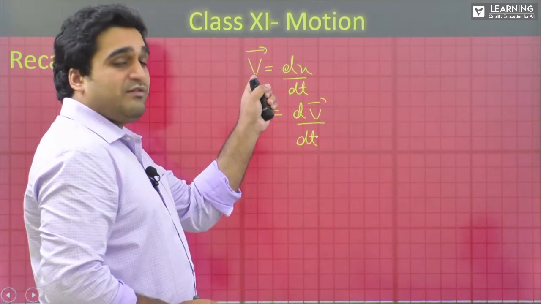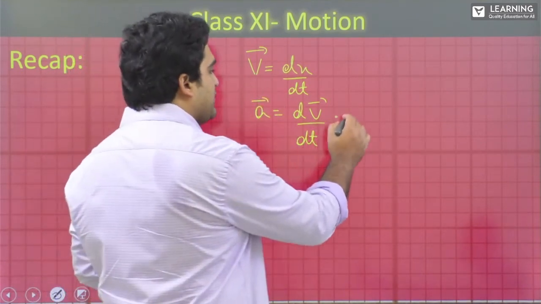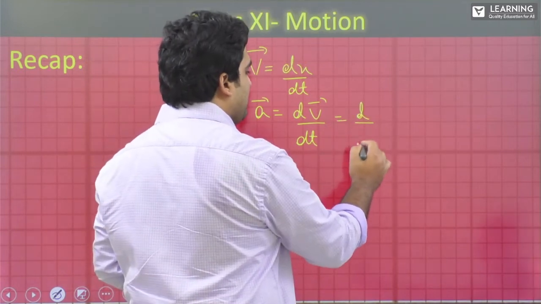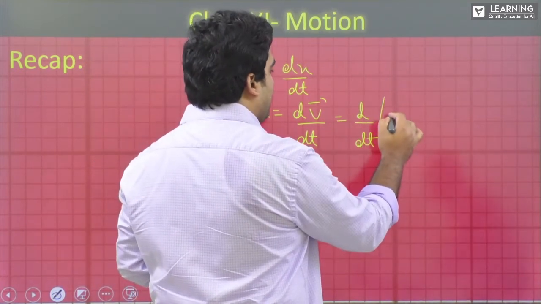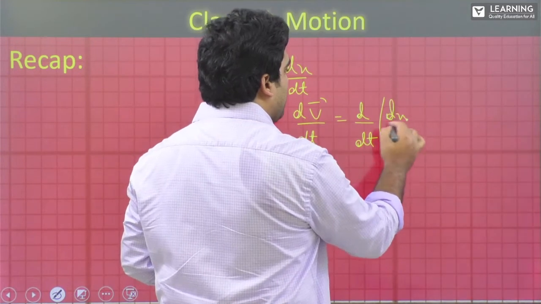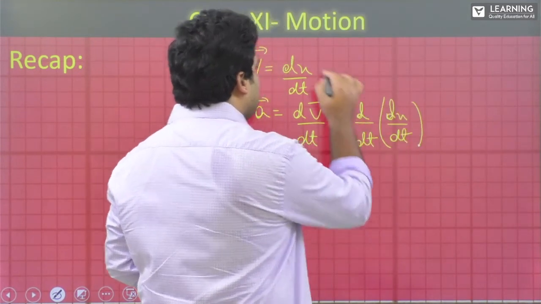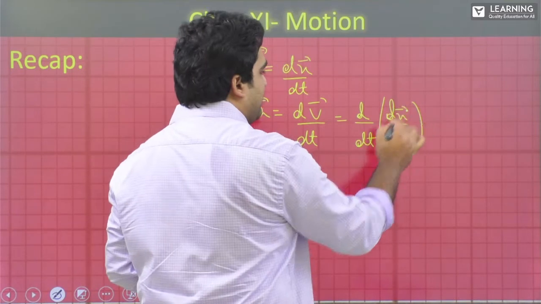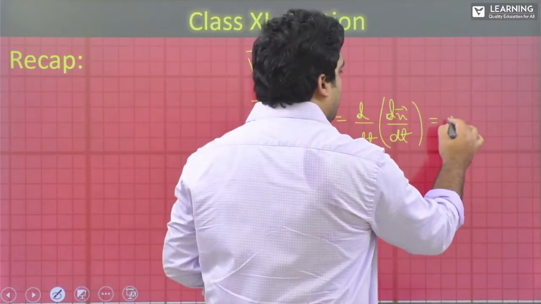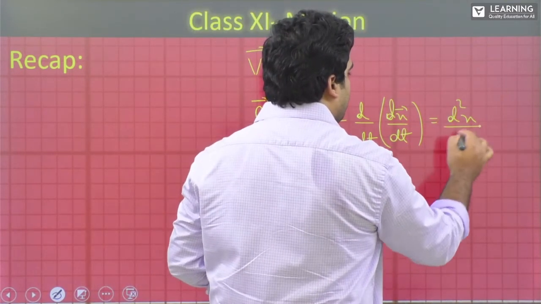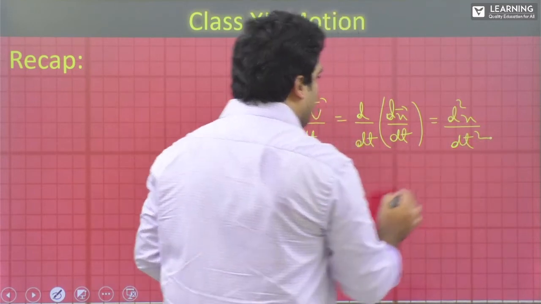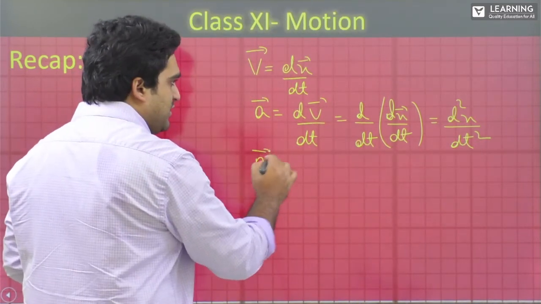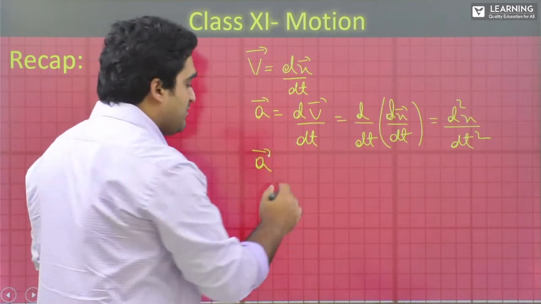Since we already know what v is, if you substitute it, you get d by dt times dx by dt, where x is displacement, also a vector quantity. You get d square x by dt square. So this is how acceleration is related to displacement.